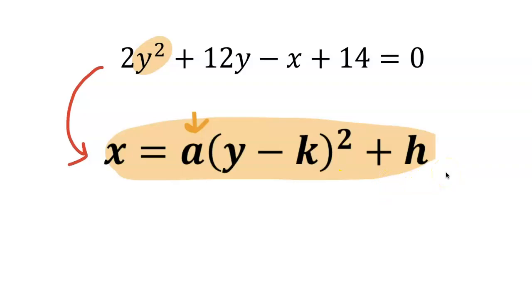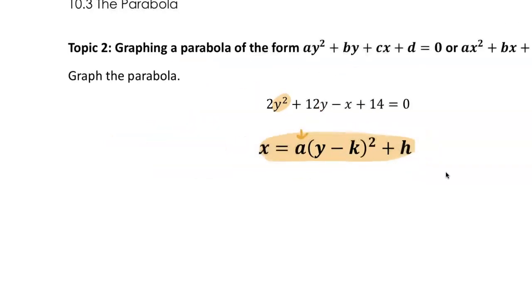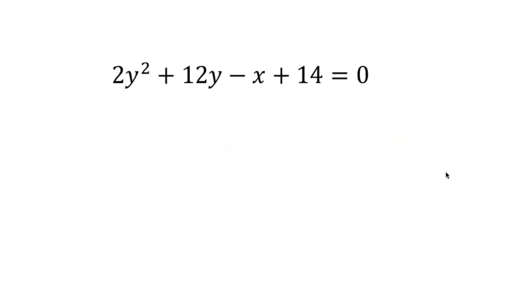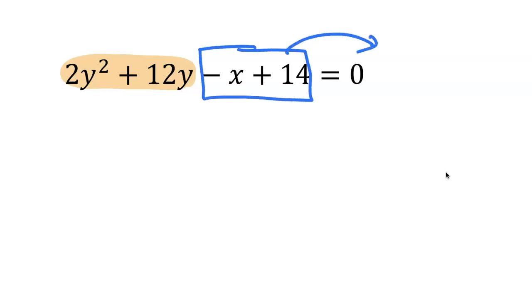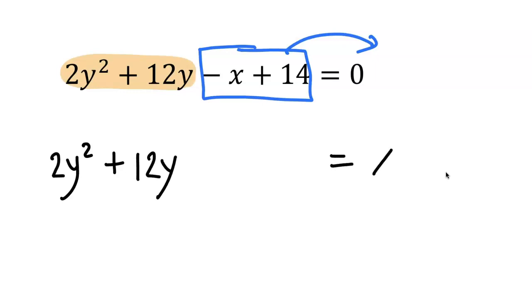So what we're going to do is keep all the y's on the left. So I'll keep them here. But let's move anything that doesn't have y to the right-hand side. So I'll have 2y squared plus 12y equals positive x and negative 14.